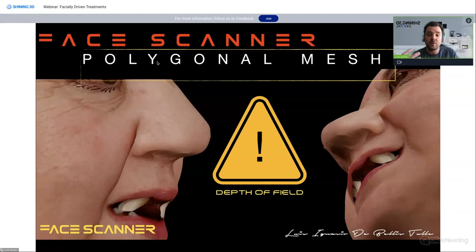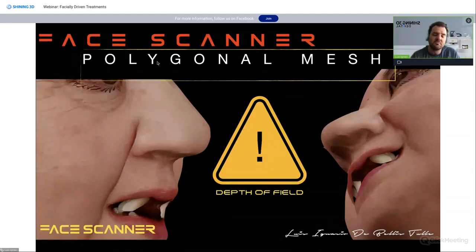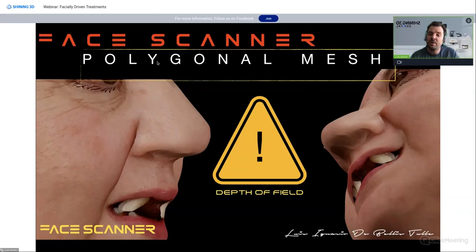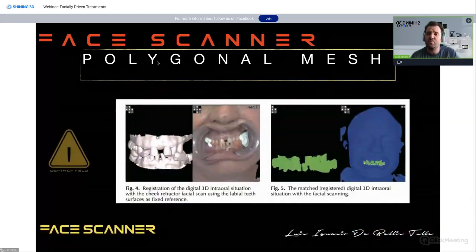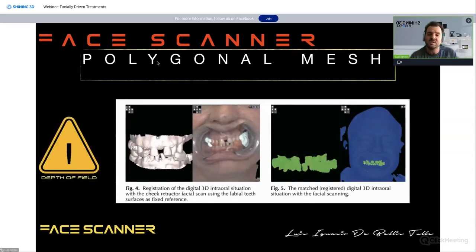The depth of field of most of the facial scanners that are now in the market, in the mid-range of price, gets results similar to what you're looking at in this picture. And this is going to be a very big problem when we try to match our intraoral scans to that facial scan. If we don't get a nice depth of field, then our intraoral scans won't get perfectly matched into what we have scanned with our facial scanner.